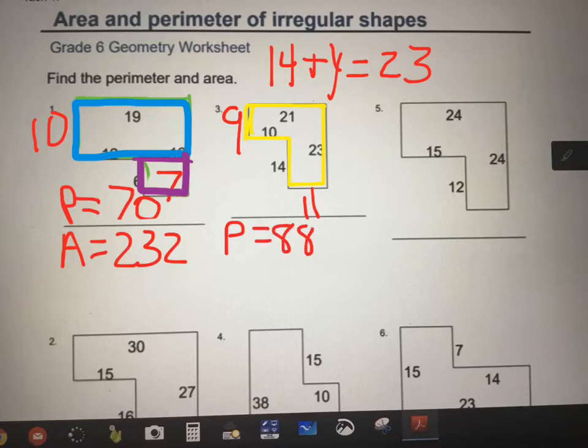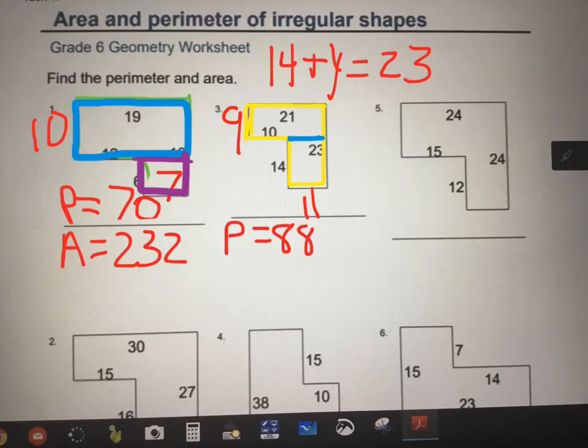Now let's go ahead and try to find our area. Again, what we have to do is separate our picture into two shapes. Let's do what we did for the last one and separate it right here. So we're going to have two different shapes, two rectangles.